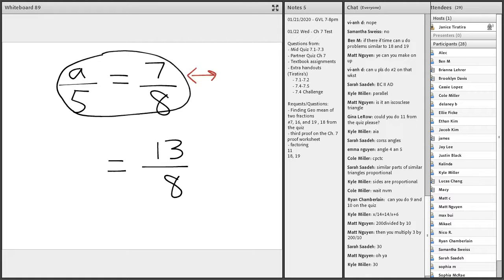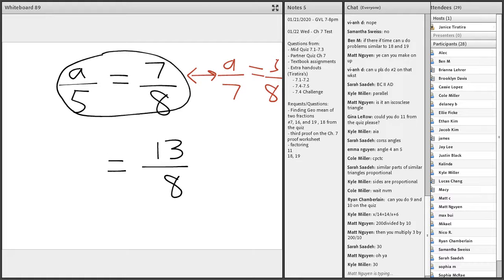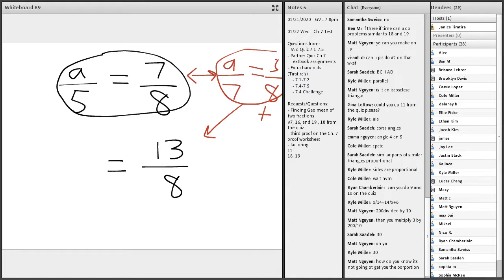So I could change this and make it a over 7 equals 5 over 8 instead, because using the original one will not get me 13 over 8. So now I'm going to use this proportion to help me get 13 over 8. If I look at 5 over 8, how did I get from 5 over 8 to 13 over 8? I added 8 over 8 on the right-hand side.